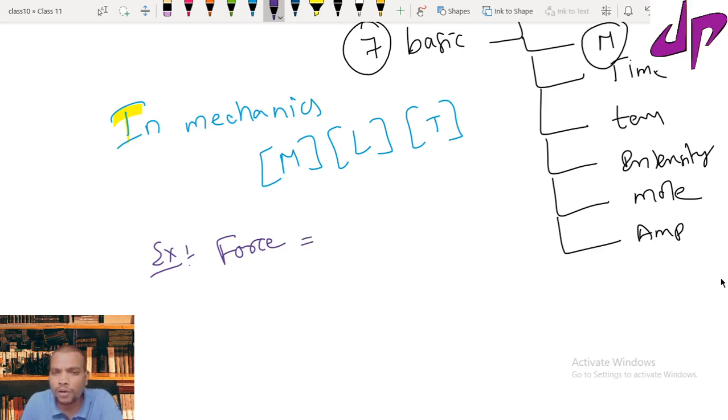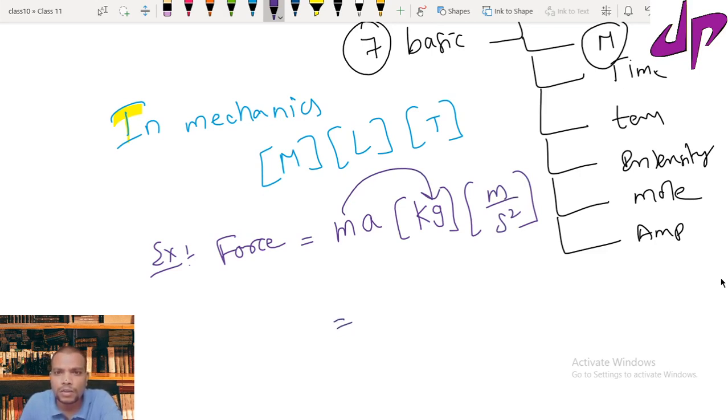First we need to know the formula. Force equals mass times acceleration. The force units are kg, which is the mass unit, and acceleration is meter per second square.